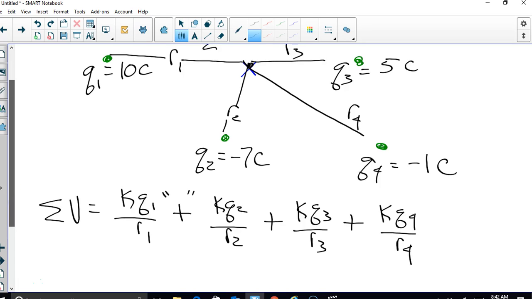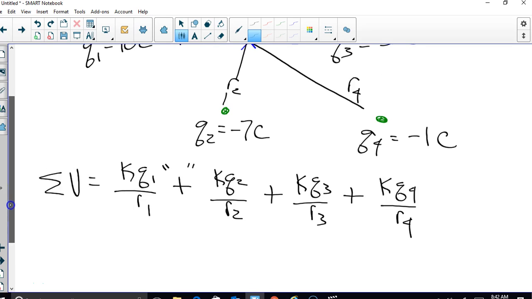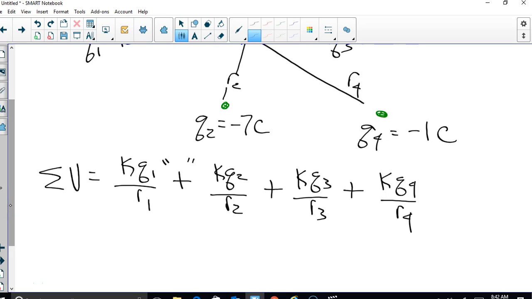And here's the thing. Distance can't be negative, right? All you have to do is combine these like you would adding or subtracting any other numbers. So for example, I'm going to pull the k out so I don't have to write it a million times.